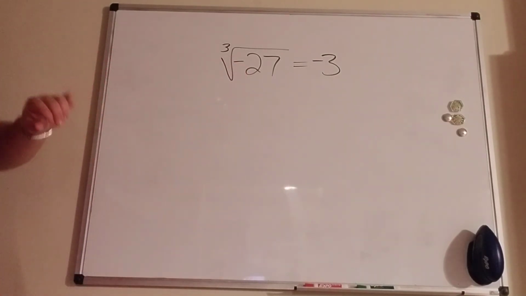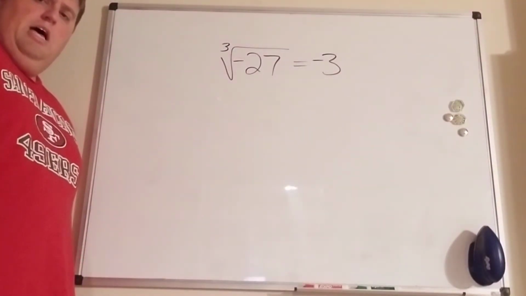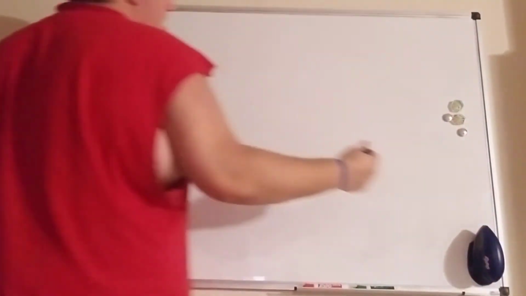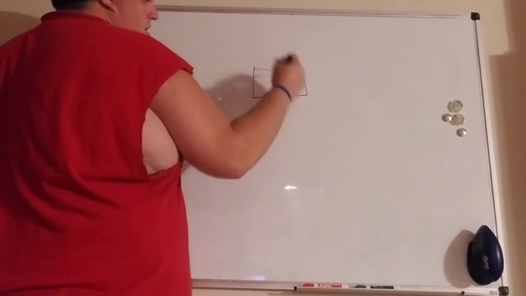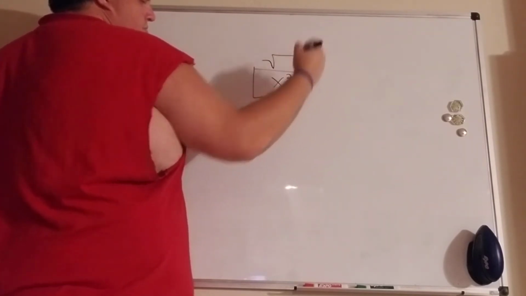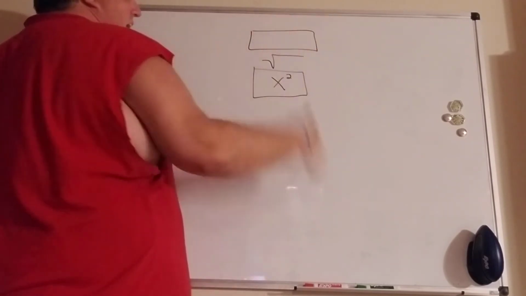Ooh, you guys probably want to know how to do that in your calculator too. Yeah, I wish I had one to show you, but I can tell you which buttons you need to hit. If you remember from last week, you have this x squared button, and above it, there's a square root sign, right? Well, I don't remember what button is above that.